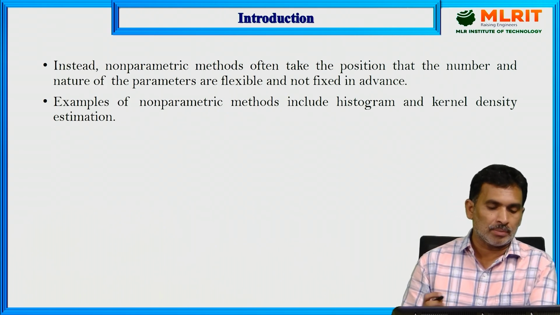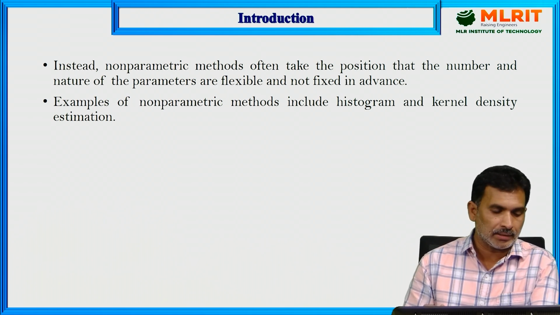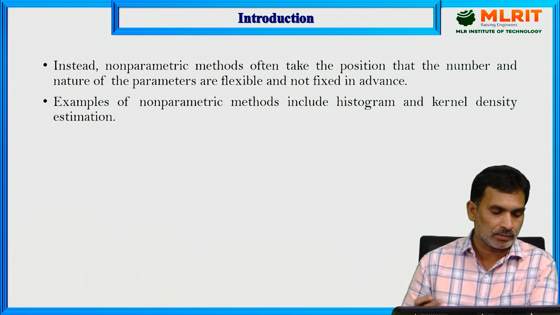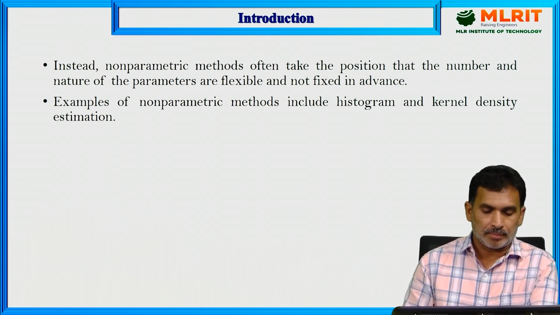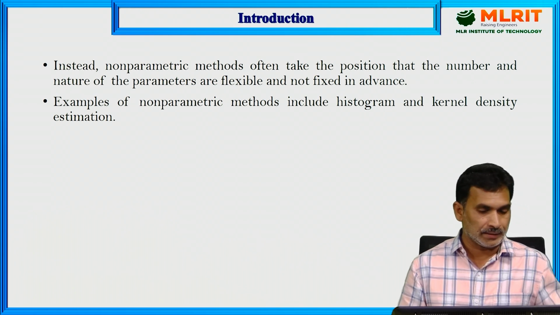Instead, non-parametric methods often take the position that the number and nature of the parameters are flexible and not fixed in advance. For example, non-parametric methods include histograms, kernel density estimation, etc.